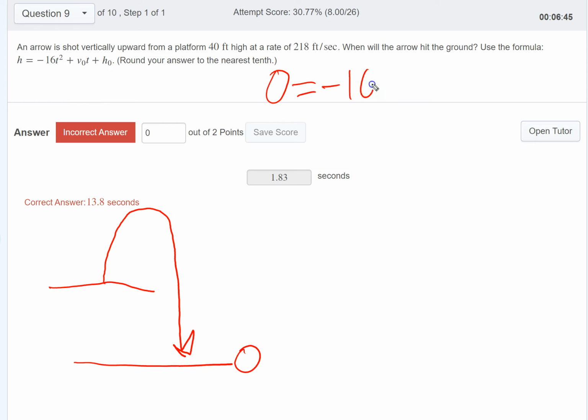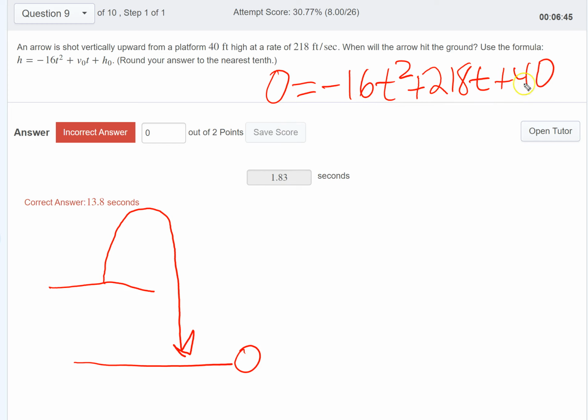equals negative 16 t squared. Now, the v sub o stands for initial velocity. So we're saying our initial velocity was 218 t. And then from the initial height, that's h sub o, is going to be 40.